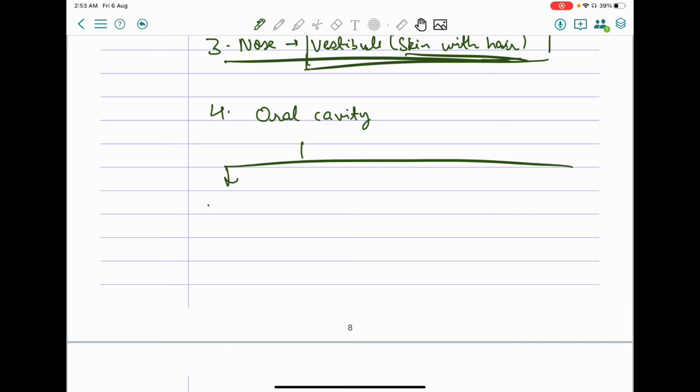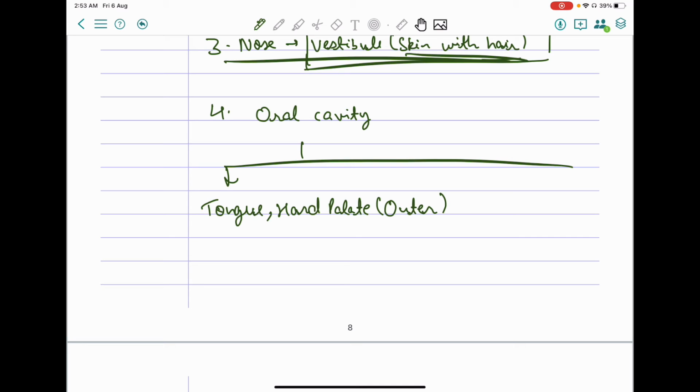One is the tongue, or the hard palate. But the hard palate's outer surface, I'm talking about the outer surface and hard. Which type of stratified squamous epithelium is found?